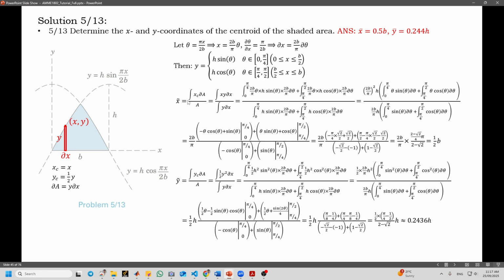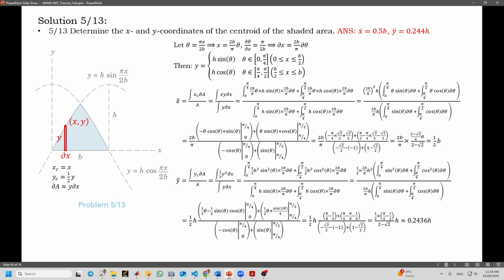Again, we use the same formula: integration of xc dA over A, and instead of dA I will just plug y dx, and y obtained from these functions. So from 0 to pi over 4. So you might ask, why 0 until pi over 4, because these two functions at this point have the same y value.